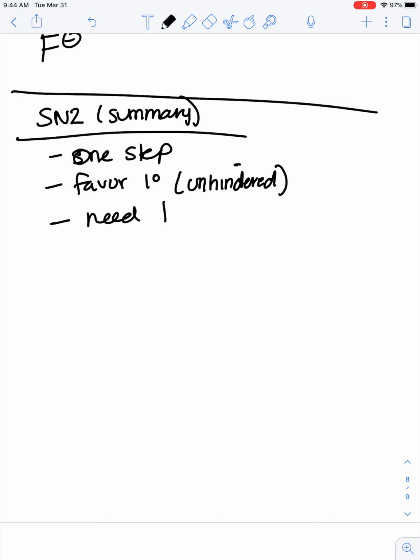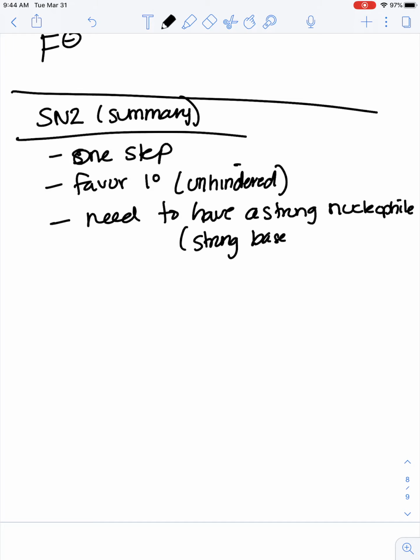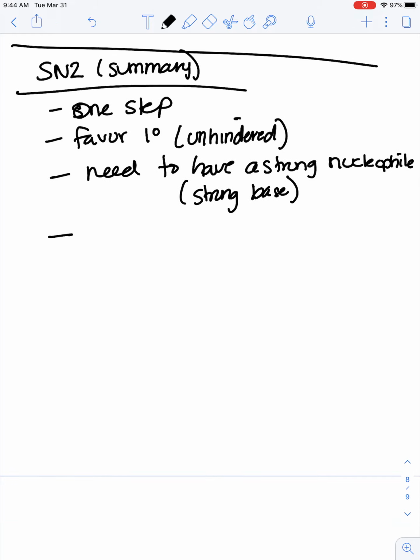SN2 reactions need to have a strong nucleophile, and a strong nucleophile is going to be a strong base. And again, SN2 reactions will only proceed in a polar aprotic solvent. A polar aprotic solvent cannot hydrogen bond within itself. However, it does have the ability to dissolve the nucleophile, the leaving group, and the electrophile. So this would be our ideal solvent to use.